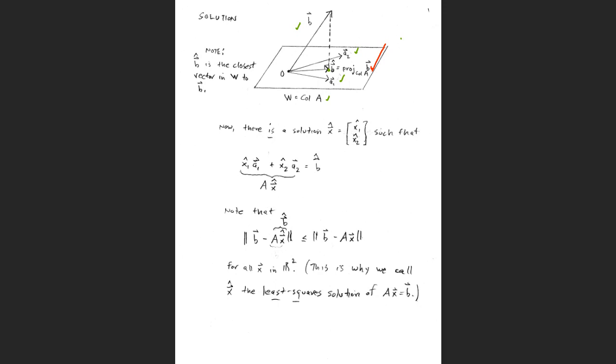We want to get values for x1 and x2 such that we can get as close as possible to vector B. Let me give you a moment to copy the picture down. Please let me know if you have any questions.